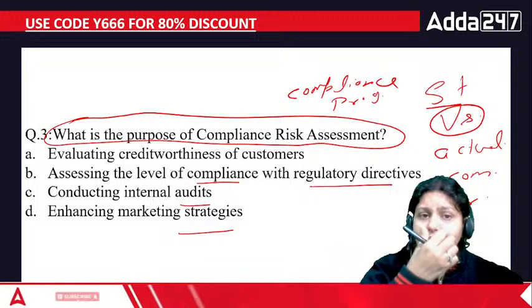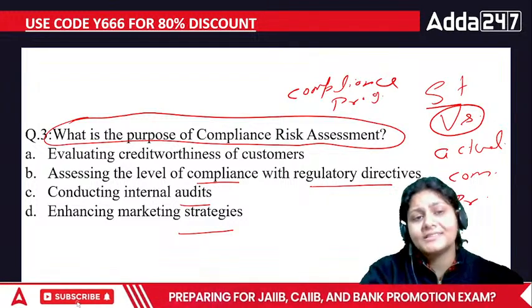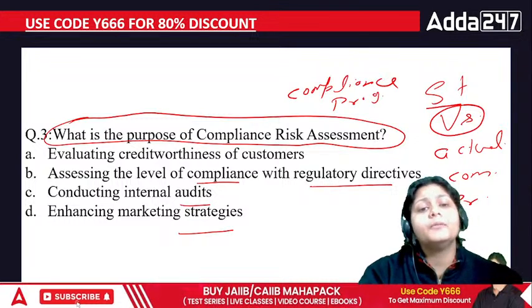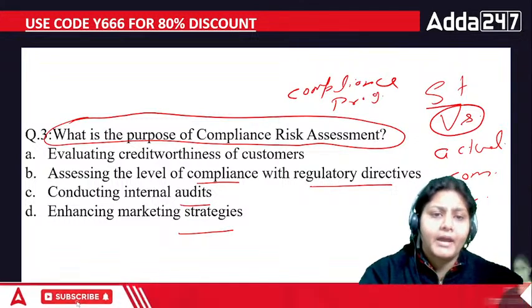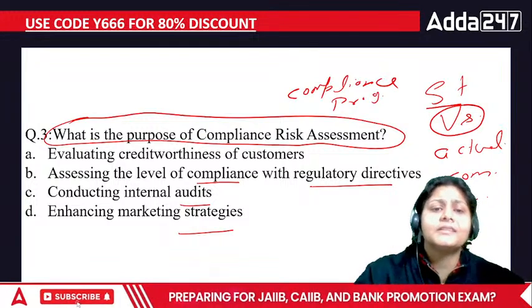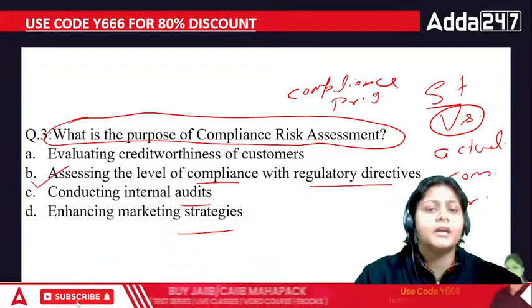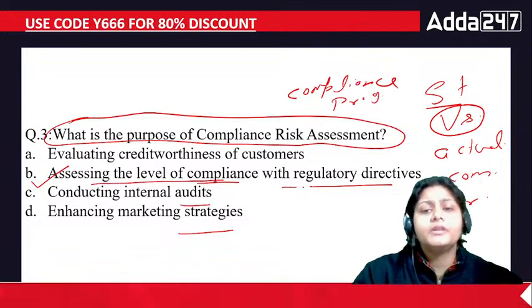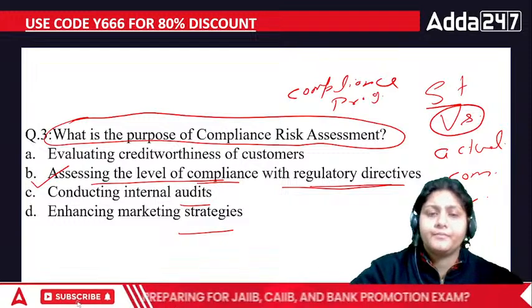Overall, you have to find out how that risk can occur, what can be the reason, and what will be the severity of its impact. That is what we call a compliance risk assessment. So option B is correct, where you have to find out the level of compliance with the regulatory directive.